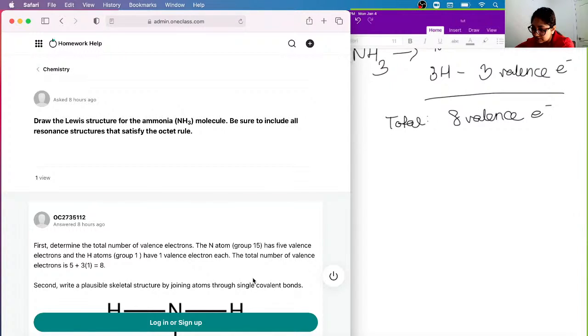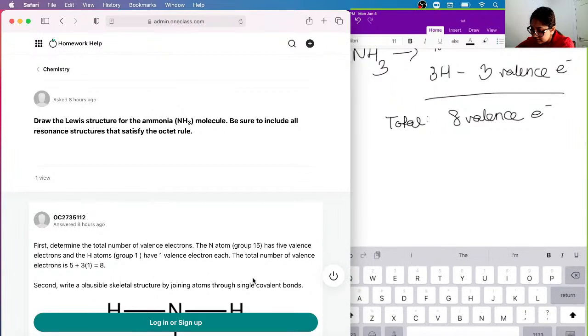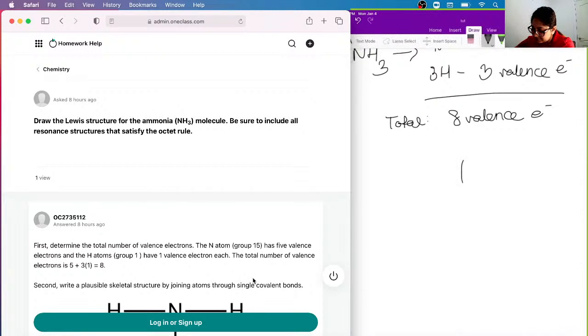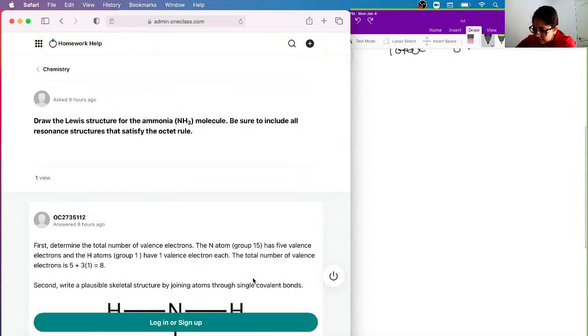And so secondly, what we need to do is come up with a skeletal structure by joining the atoms through single covalent bonds. Okay? So we can arbitrarily draw this with nitrogen as the central atom.